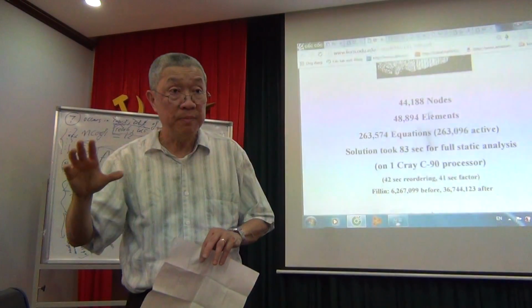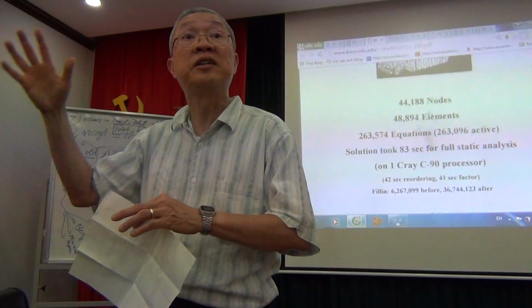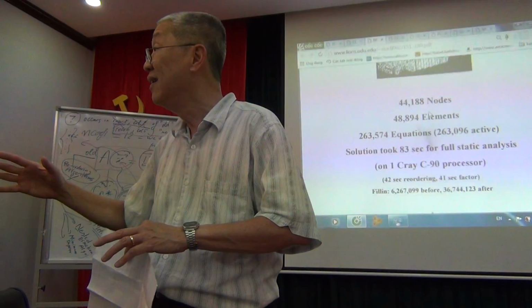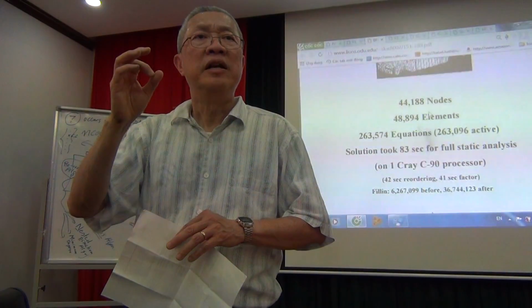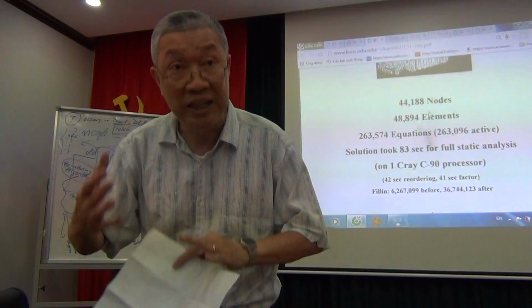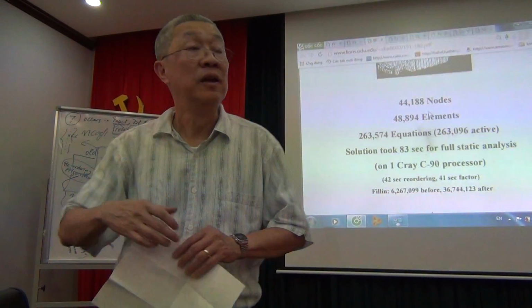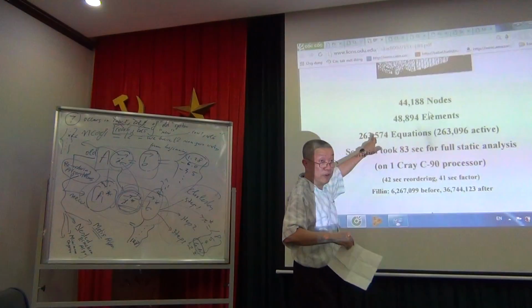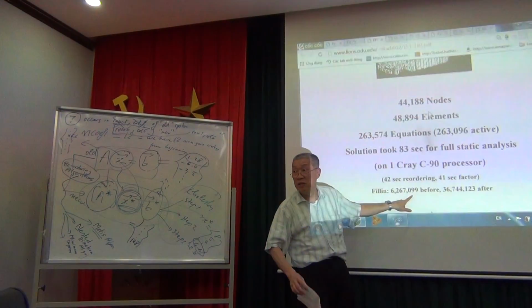Remember the small example? We have 12 non-zeros, and then we have 6 extra non-zero fill-ins. So what does 12 mean? The number of non-zeros you have from the beginning, before you do factorization. So for that big system, you have more than 6 million non-zeros.